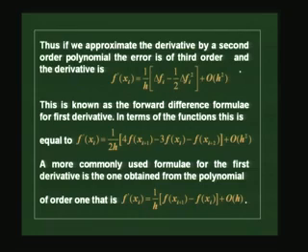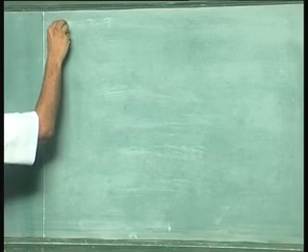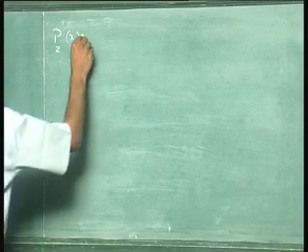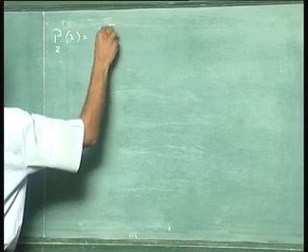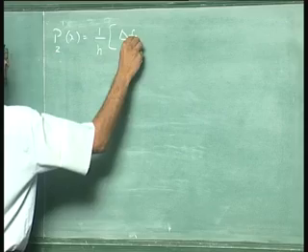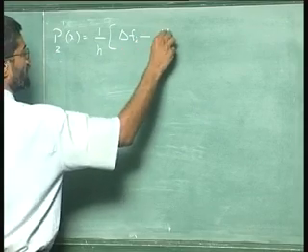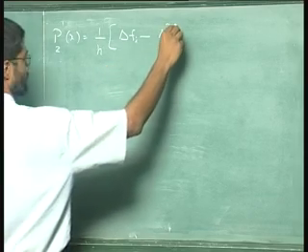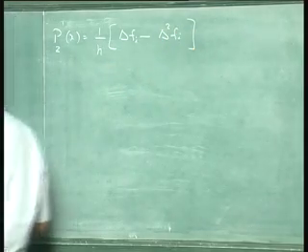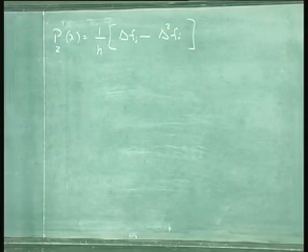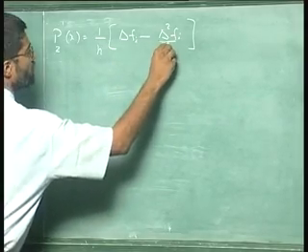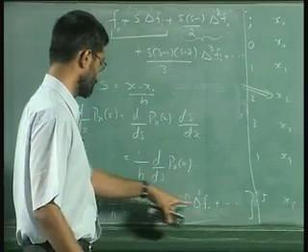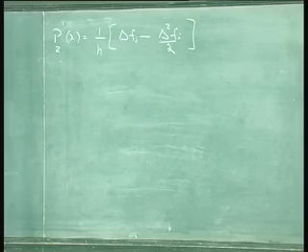I can write my derivative Pn prime of xi, using an order 2 polynomial, as 1 over h into (delta fi minus del 2 fi by 2). I just put s equal to 0, and then I get del 2 fi by 2. So now what is delta fi?